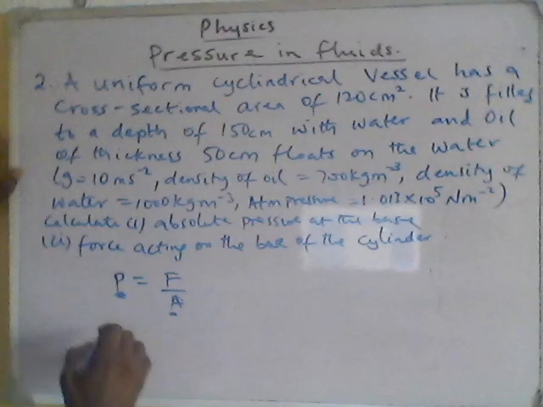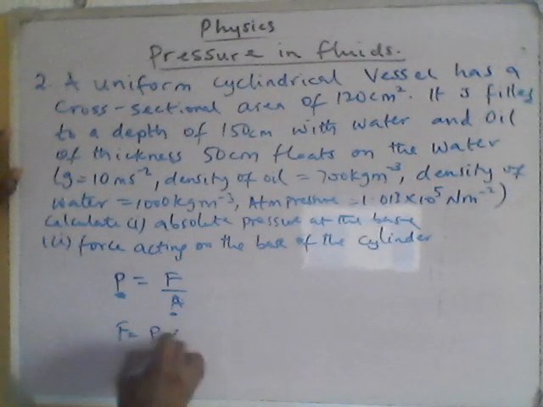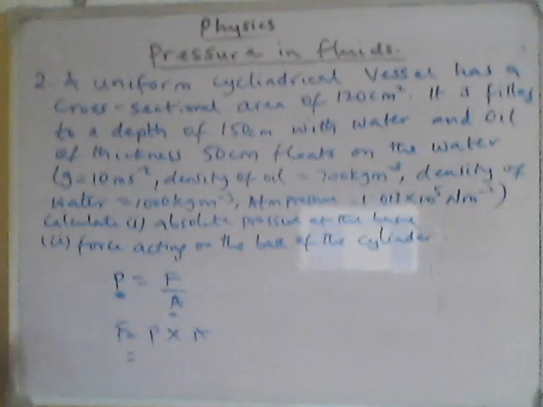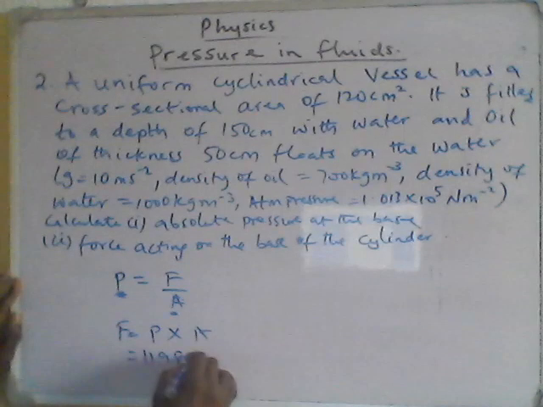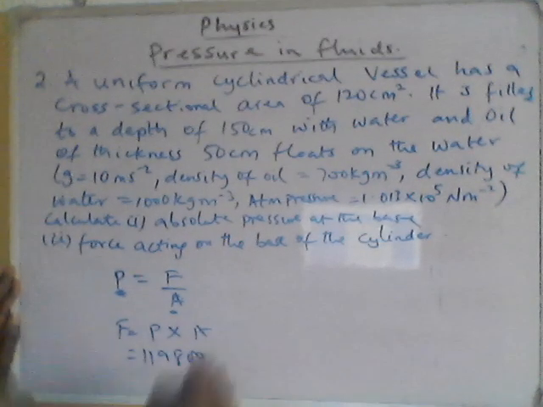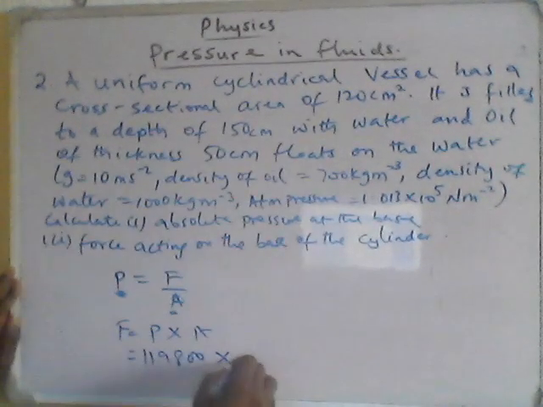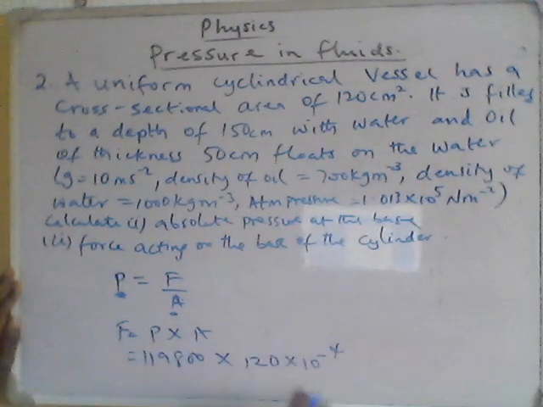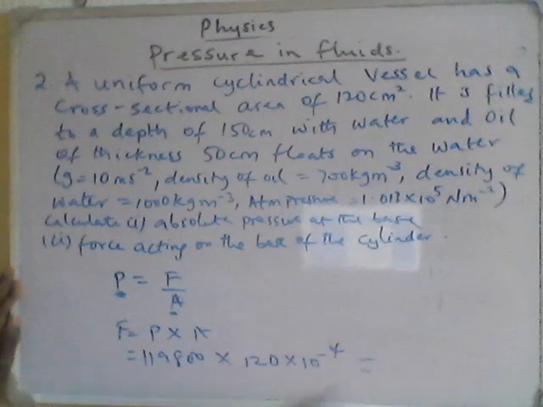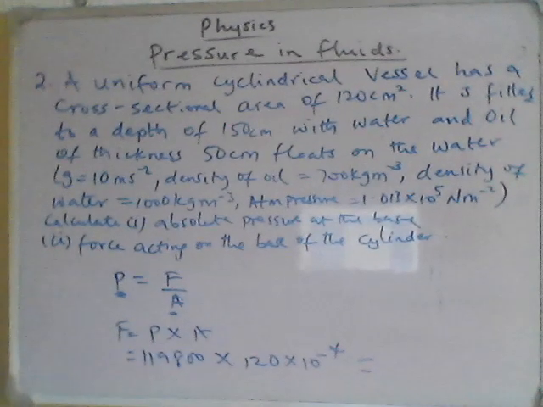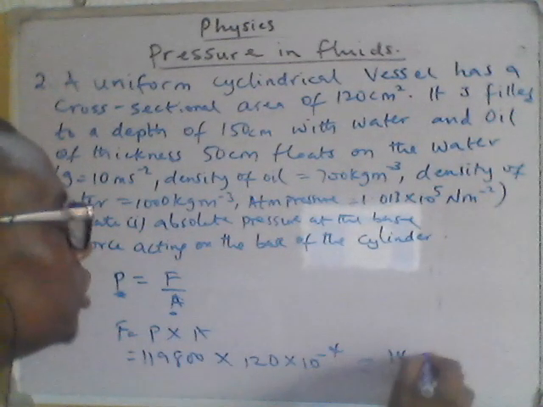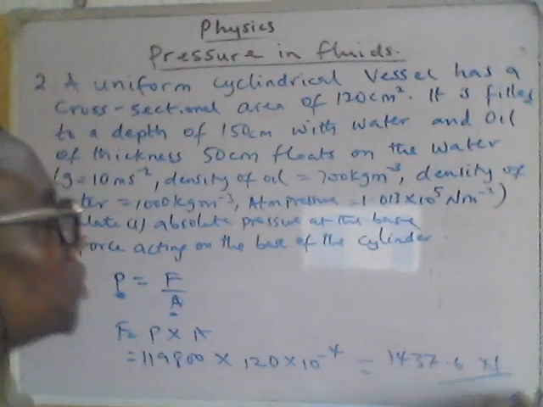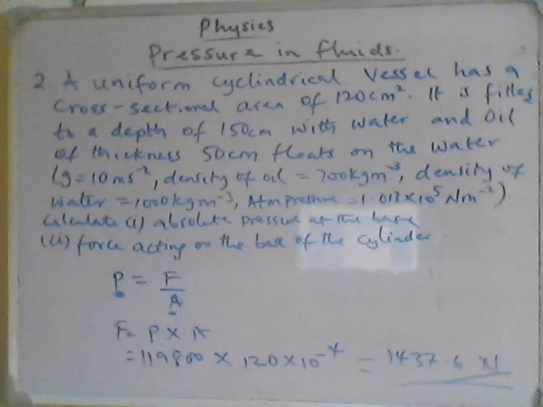So we'll just say force is equal to pressure times area, and the pressure from the previous question is 119,800 times 120. But this is in cm square, so I'm going to make it meter square, that times 10 raised to power minus 4. So by the time I compute this, the force will be given as 1437.6 newtons. That's the answer for this second question.